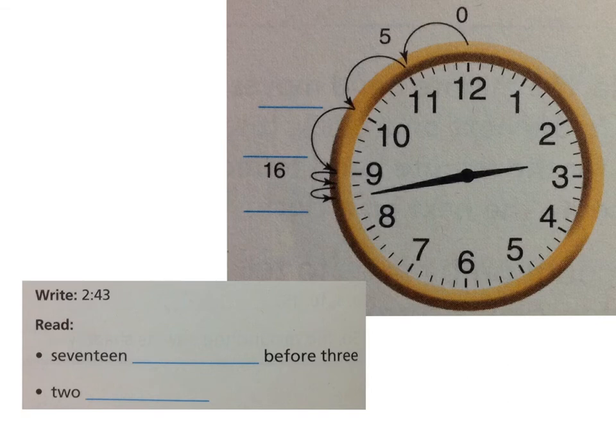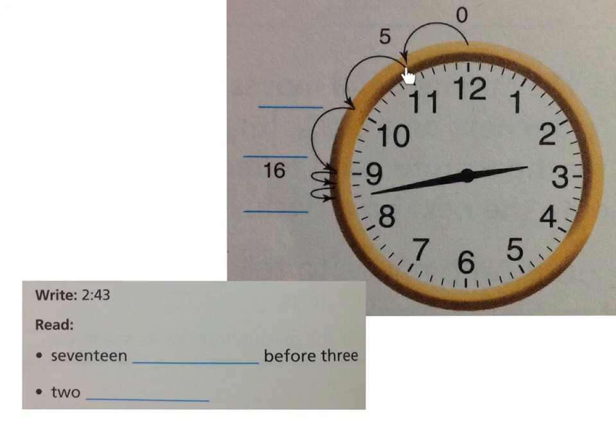When a clock shows 31 or more minutes after the hour, you can read the time as the number of minutes before the next hour. To do that, count by fives and ones from the 12 on the clock back to where the minute hand is pointing.